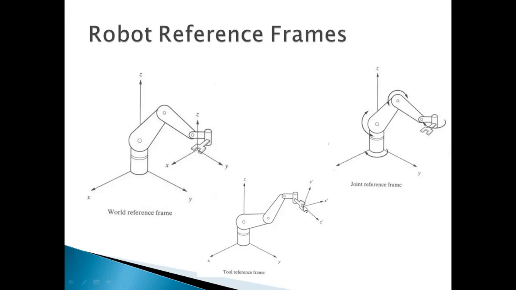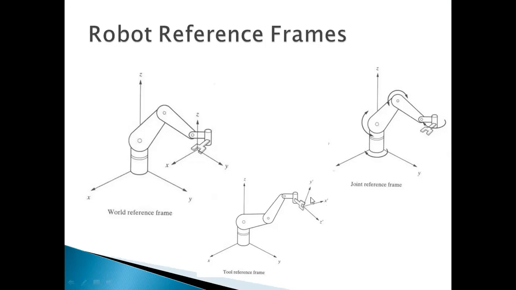For the tool reference frame, as I told you, the axes are X dash, Y dash and Z dash. It means you have to calculate the position of X dash with respect to X, Y dash with respect to Y and Z dash with respect to Z. After articulating this robot, you will find that these axes are not mapped with the base axes, because you can observe that this X is in this direction, here this X dash is in this direction, and similarly Y and Y dash are in different directions.